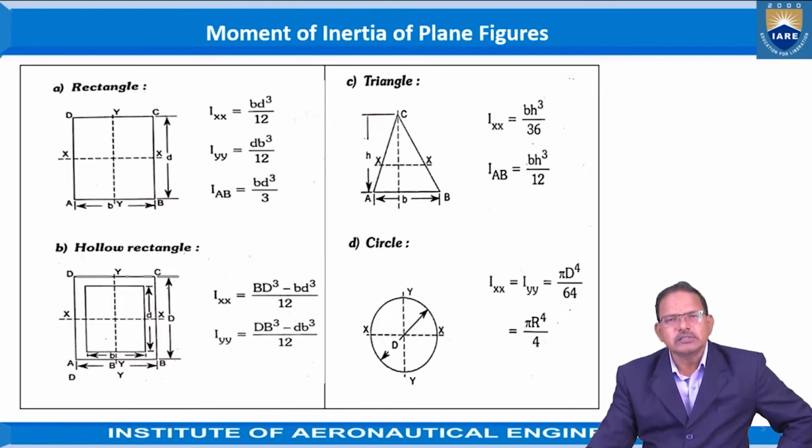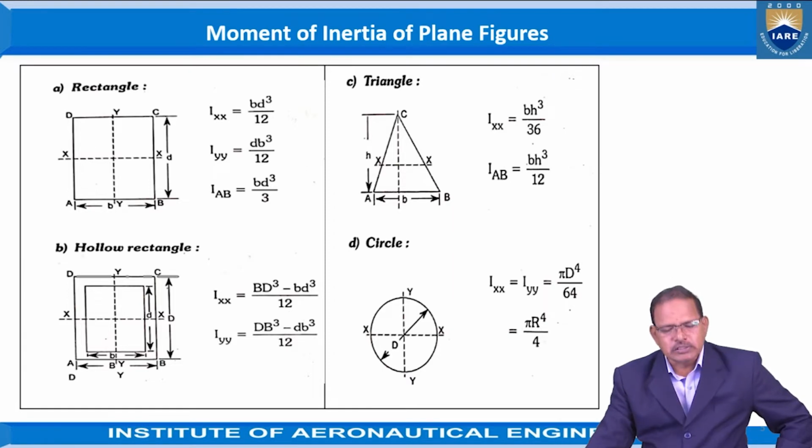Here the central axes are the axes passing through the centroid of the rectangle. The centroid of the rectangle lies at a distance of d by 2 from the base and b by 2 from the left reference line, that is half of the breadth and half of the depth, where they intersect. That is treated as the position of the centroid of the given plane.